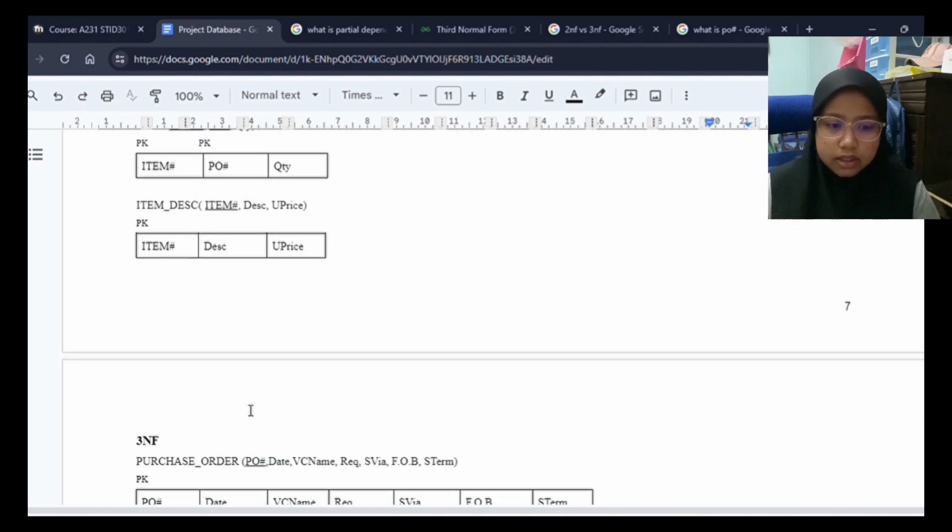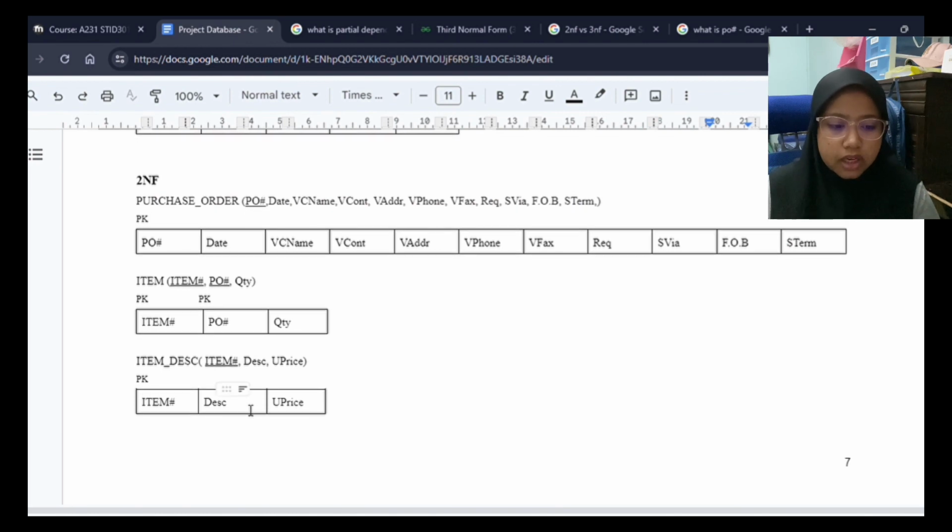For the third normal form, we remove transitive dependency. It means if a non-key depends on a non-key, we remove it. For this case, we focus on the purchase order table only. The item table and item description table remain the same. If we think logically, we can know a vendor contact by searching the vendor company name. It means vendor contact is a non-key.